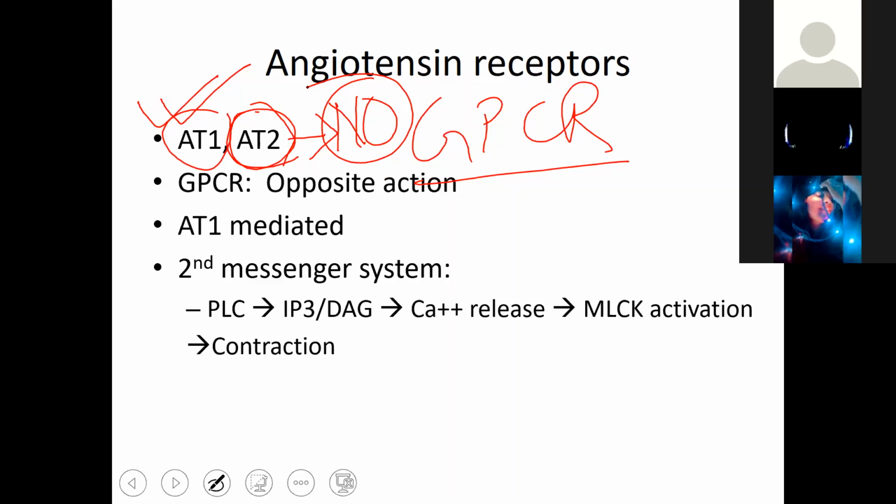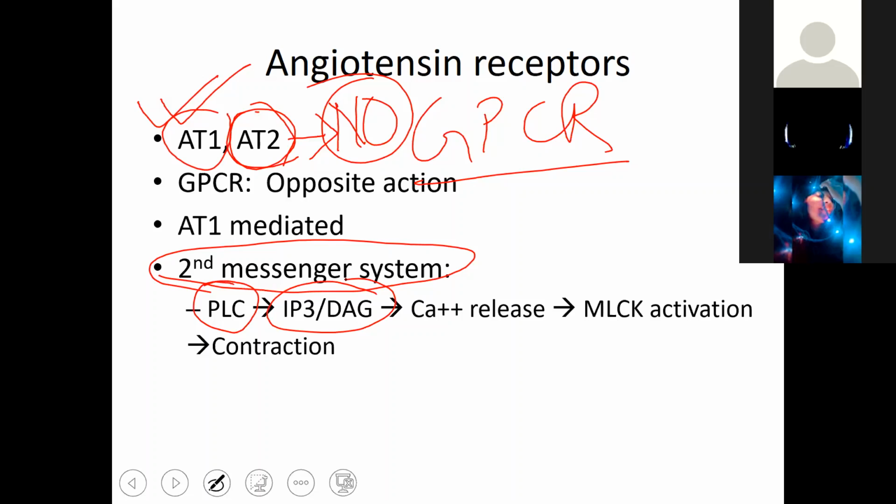So what happens in the second messenger system? Once the GPCR, that is angiotensin 1 receptor, is stimulated, there is activation of phospholipase C. It causes synthesis of IP3 and diacylglycerol, inositol triphosphate and diacylglycerol.